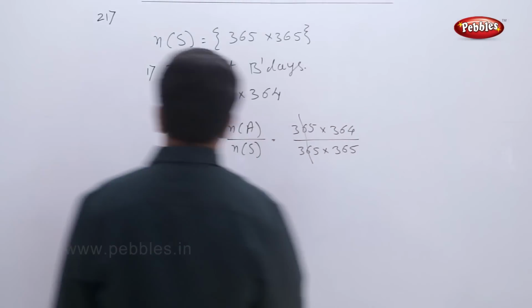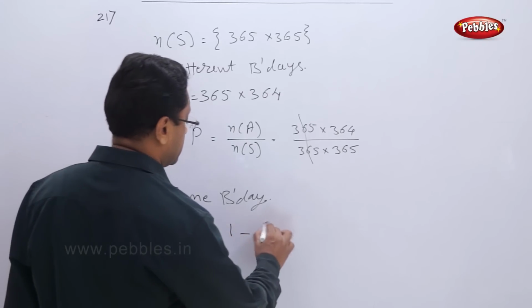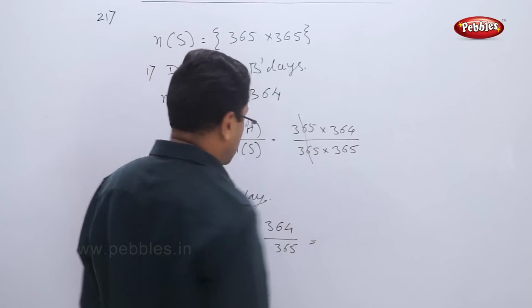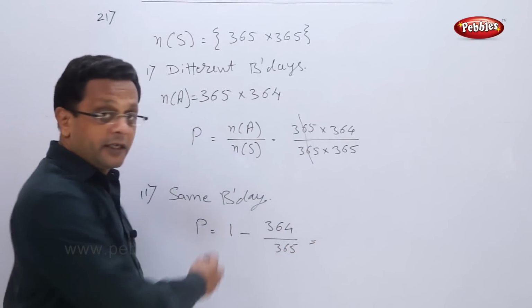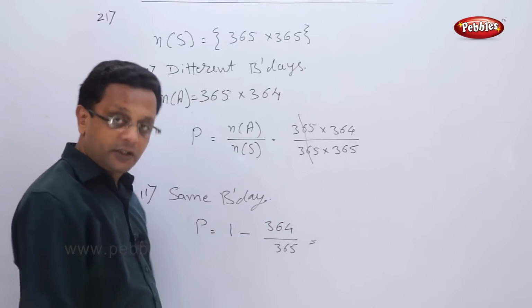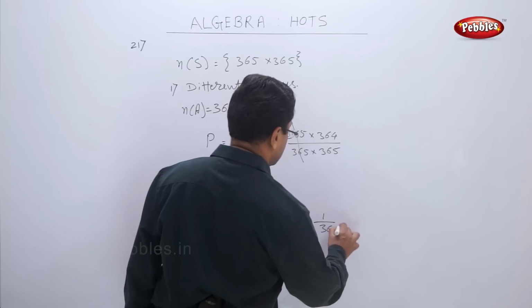So that probability will be 1 minus 364 upon 365. By solving this, let us do the cross multiplication, 365 minus 364 upon 365. So it will be 1 upon 365.